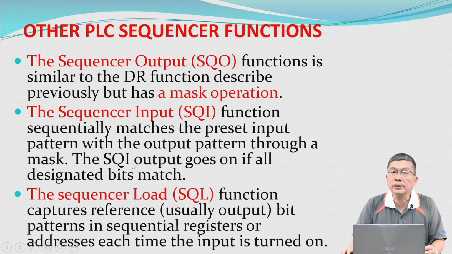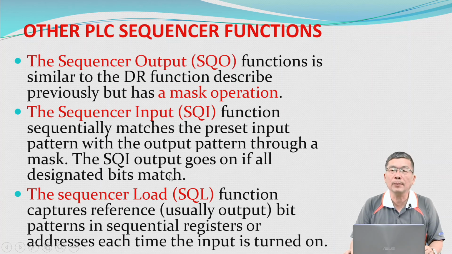The sequencer output SQO function is similar to the DR function described previously, but has a mask operation. The sequencer input SQI function sequentially matches the preset input pattern with the output pattern through a mask.